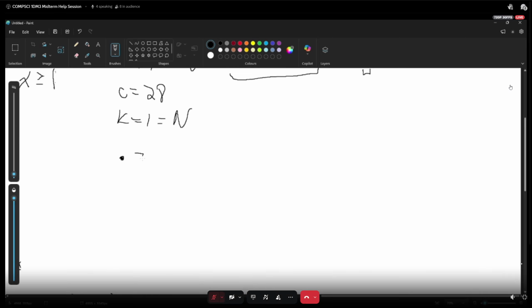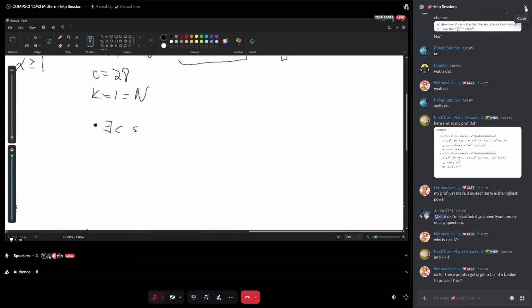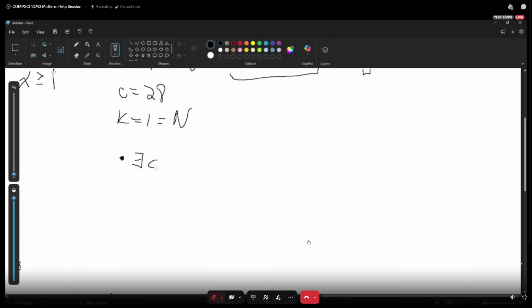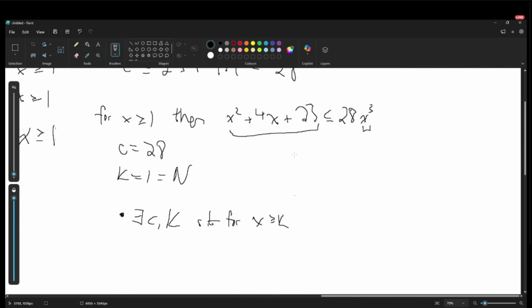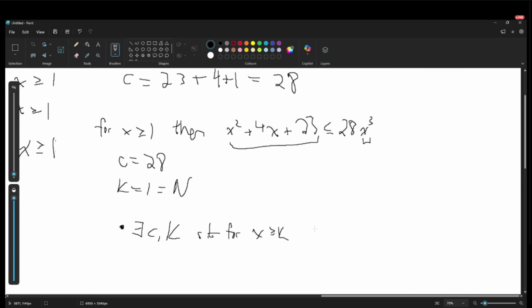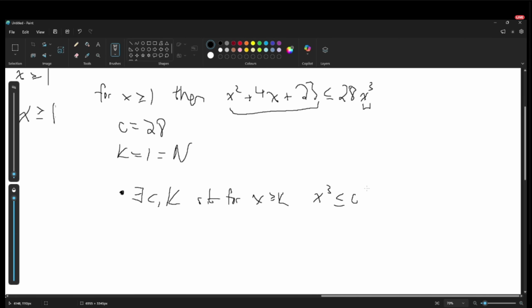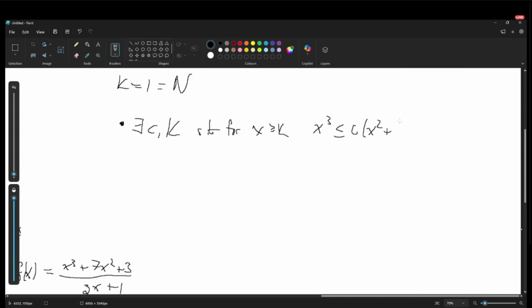Assume that there exists a c and k such that for x greater than or equal to k, x cubed is less than or equal to c times this whole thing, x squared plus 4x plus 23, right?